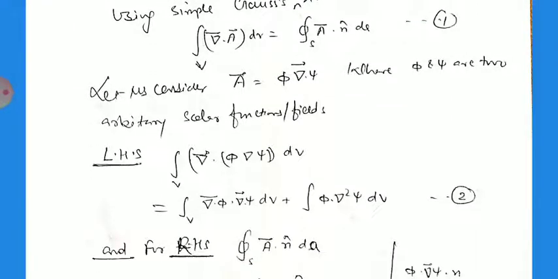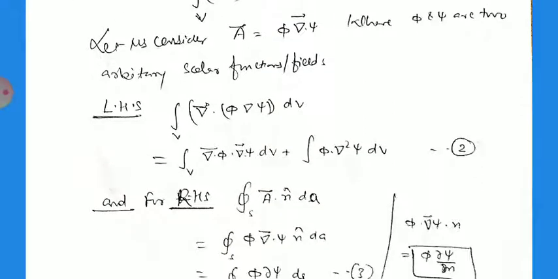On substituting this value, we obtain the left hand side of this Gauss divergence theorem, that del dot of the phi del psi dV equal to del phi dot del psi dV plus phi del square psi dV. And for right hand side, we can write the surface integral for the closed loop for the A dot n cap dA.